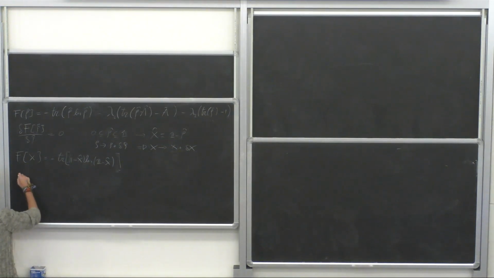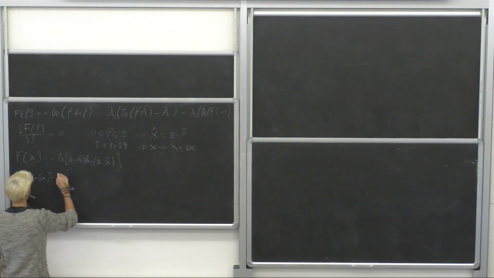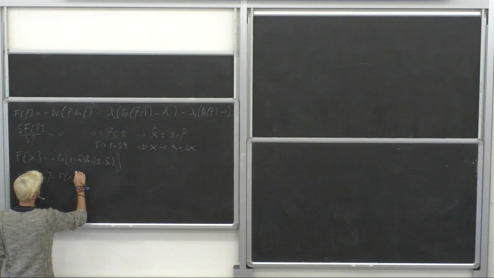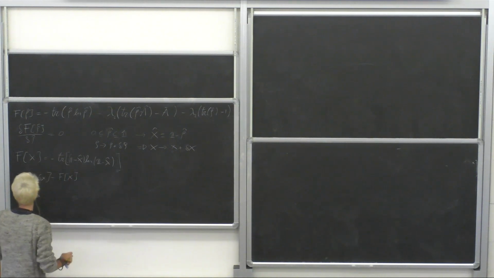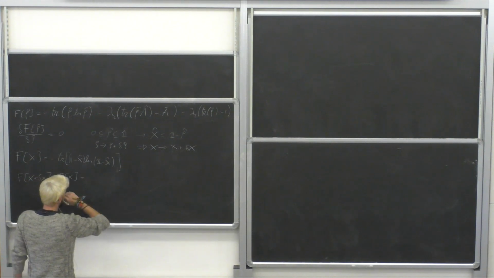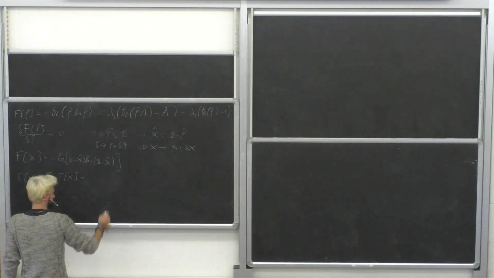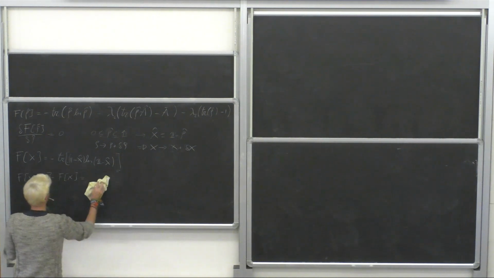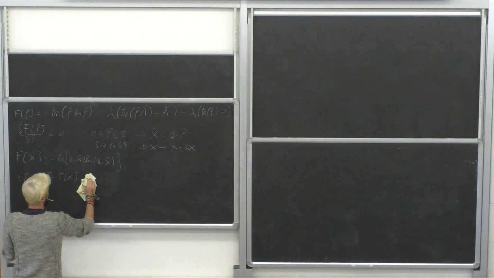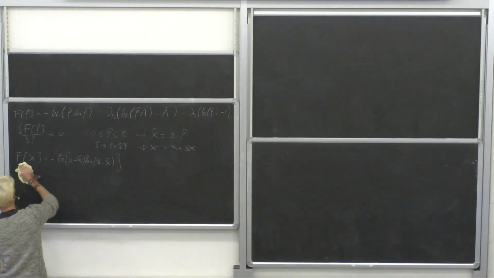So at this point, we want to find f of x plus delta x minus f of x. Okay. Basically the only tricky part in this is the logarithm. Let's write this before.